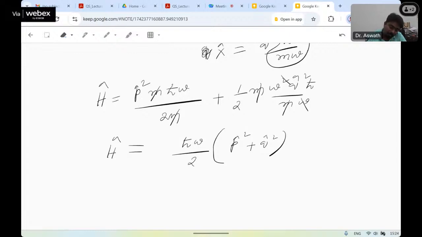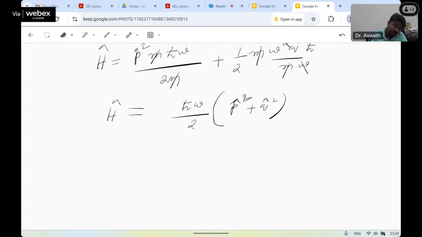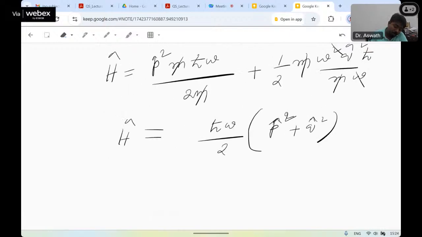Now, still I have second order terms. So small p and small q are still operators, so they're in quadratic form. I want to get rid of that also. So this time, the trick I'll follow is, let me introduce non-Hermitian operators. What I mean is something which are not equal to their dagger.